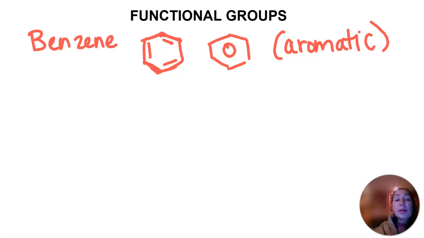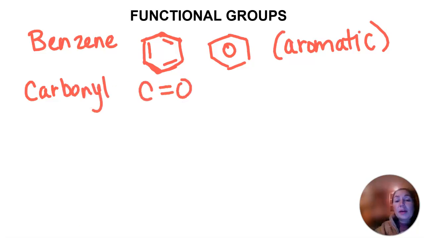Now, there are a number of functional groups that contain the carbonyl, and the carbonyl group is the C=O group. Now, carbonyl is fairly general and not very helpful. So we oftentimes want to know what carbonyl group do we have. Do we have an aldehyde?